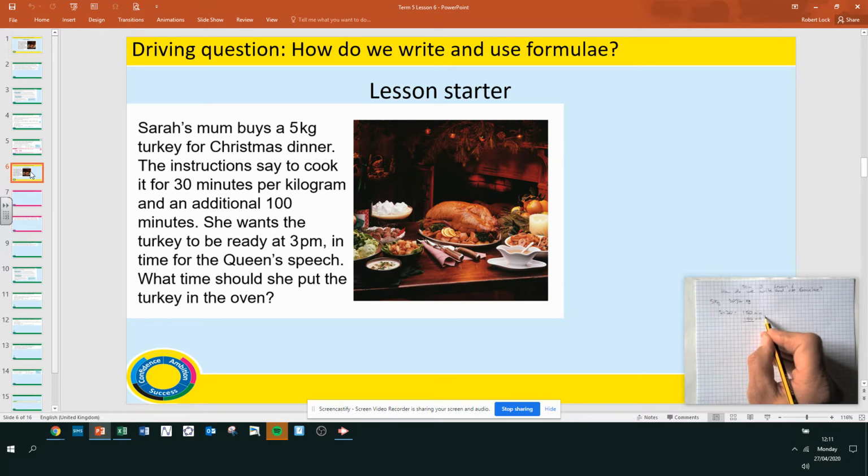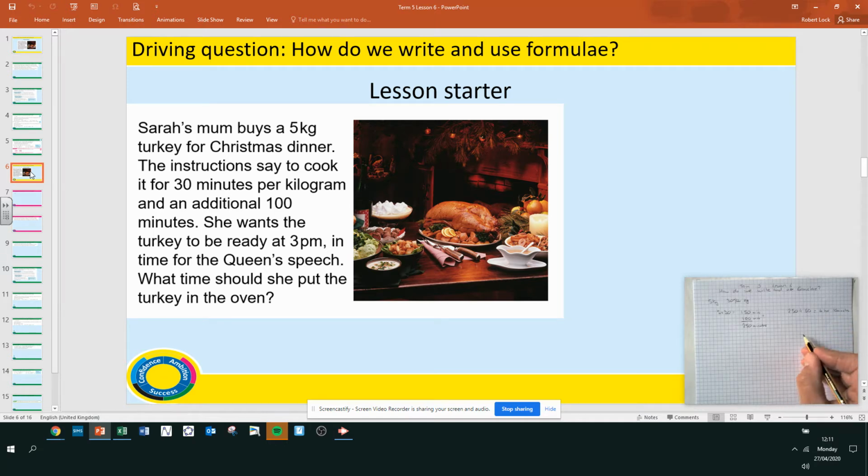So adding these together, we have 250 minutes. For 60 minutes in an hour, we have 250 divided by 60 equals 4 hours, and then there'll be 10 minutes left over. So 4 hours, 10 minutes.